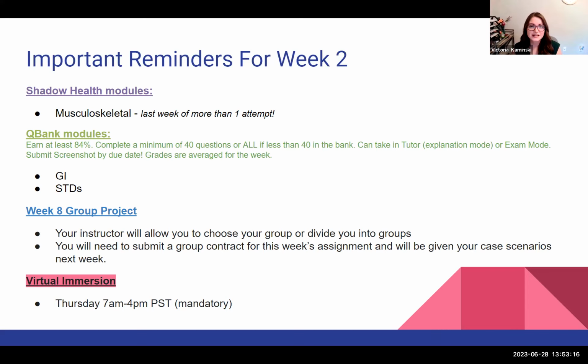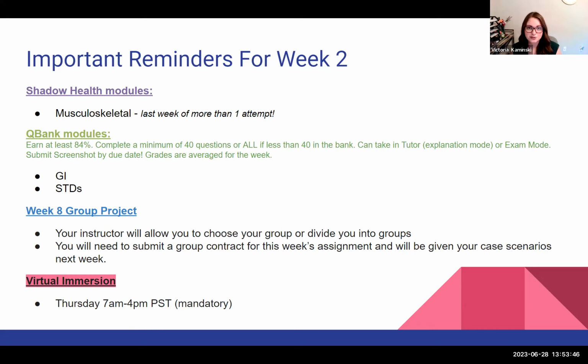For your Q banks, you should have access in week 2. That will begin in terms of the Q banks associated with assignments. You do have 2 assigned Q banks this week, and those are your GI as well as your STI. You need to make sure that you are earning an 84% or better on those Q banks. Remember, if there are not 40 questions, such as with the STI bank, you need to do the entire Q bank.